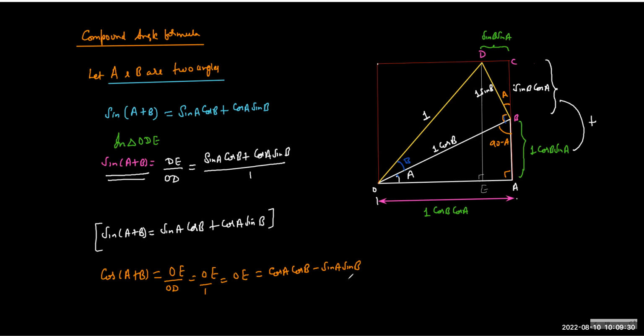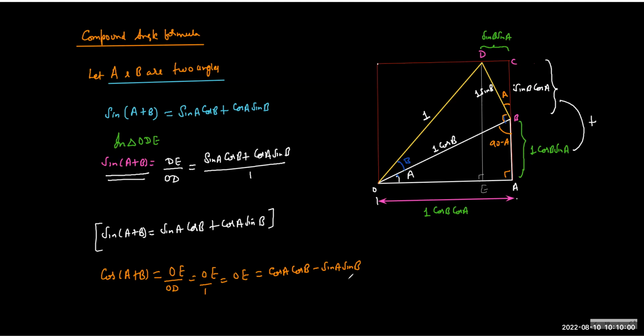So cos of A plus B is cos A cos B minus sin A sin B. And you can see the minus is logical. If you can remember this diagram in your brain, you can see the minus will come. The other logic is easy to remember. Cos is a function in which as the angle grows, you get a lesser value, isn't it?